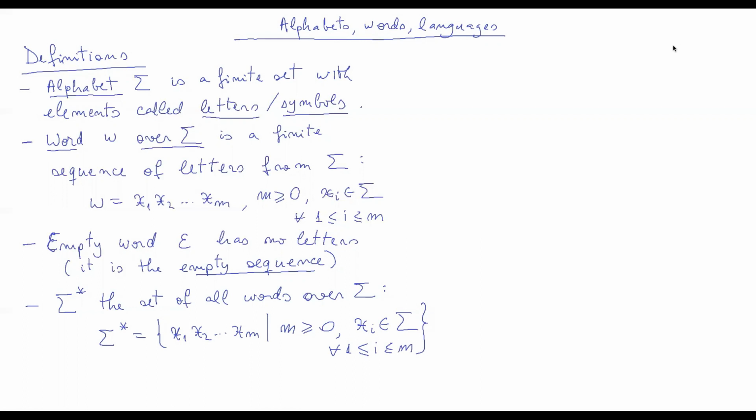And I want to give you some examples. So, for example, we could have the alphabet sigma made of letters, say, A, B, and C, and words over sigma.